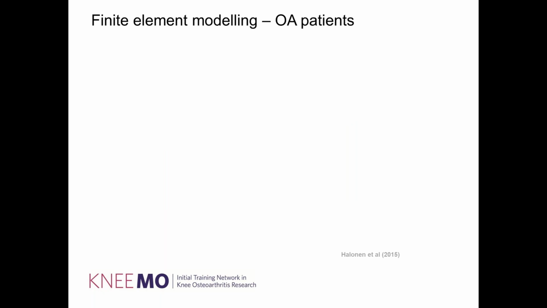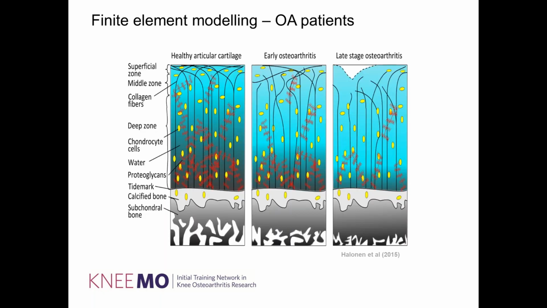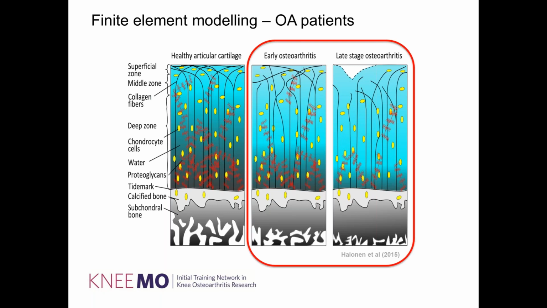Okay, so with patients, we are talking about this kind of articular cartilage structure. If you're not familiar, I presume that most of you are. In early osteoarthritis, you have a degeneration of the organized collagen fibril structure.